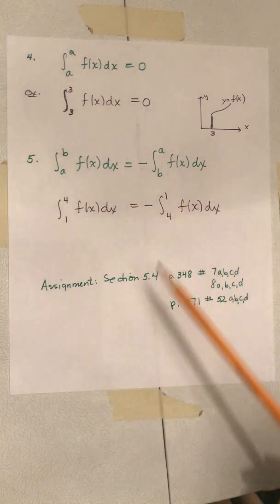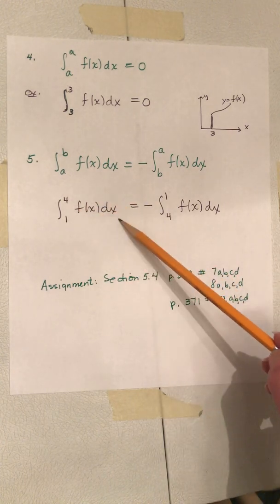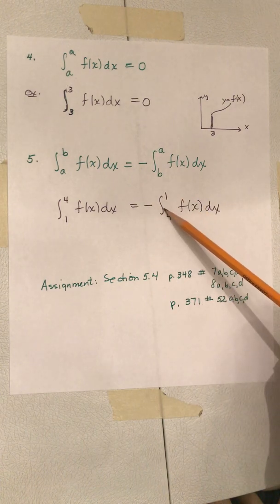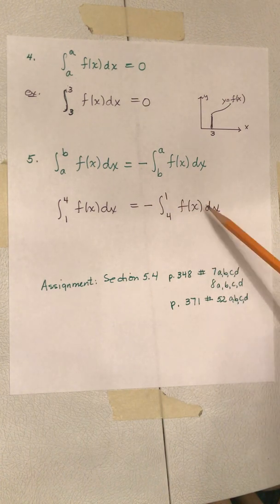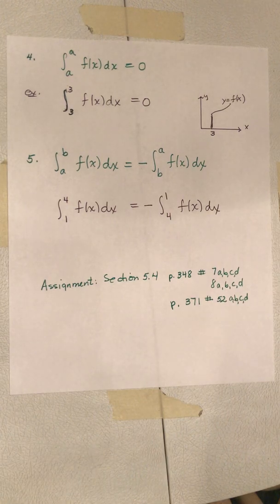So in other words, if I integrate from 1 to 4 of f of x dx, that's going to be the opposite of the integral from 4 to 1 of f of x dx. Okay, so those are the properties of integrals and of definite integrals.